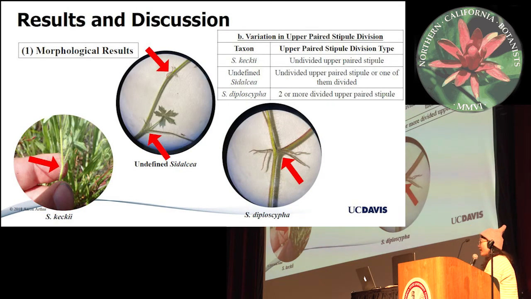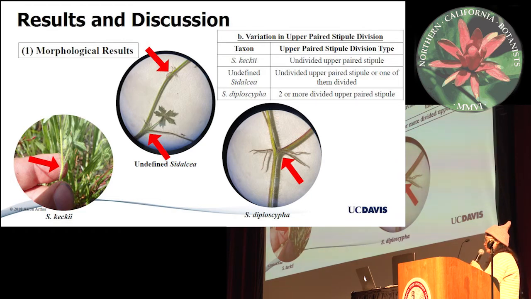The same trend was found in the division of the upper pair of stipules. In the true Sidalcea, the upper pair of stipules are usually undivided, while undefined Sidalcea usually have either undivided upper stipules or one divided and one not. But Sidalcea diplocypha usually have 2 or more divided upper stipules.